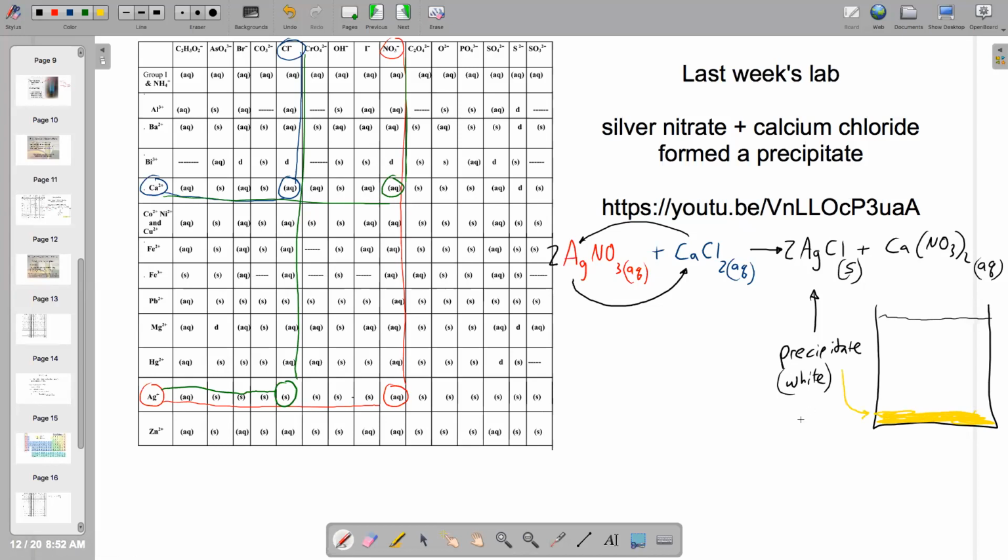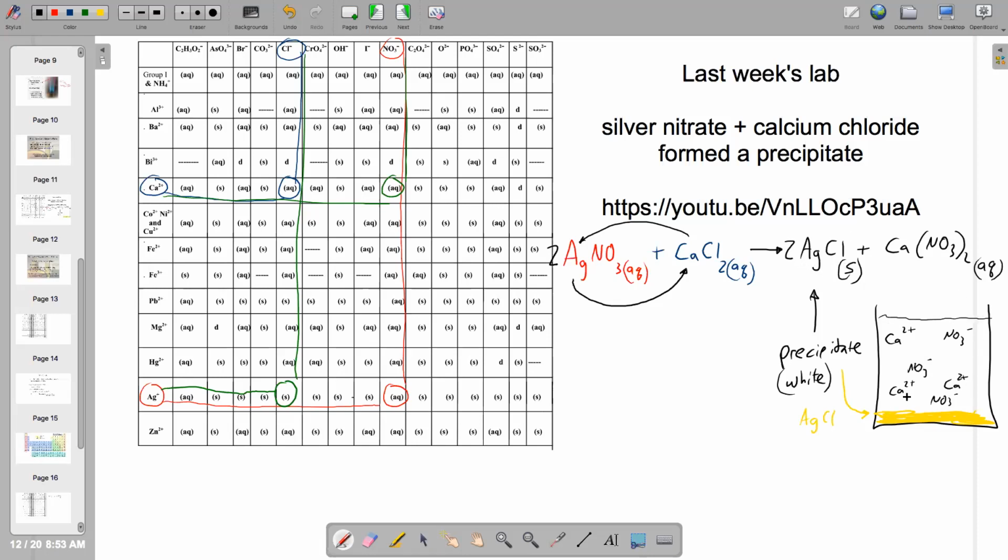There's solid silver chloride sitting at the bottom, but the calcium nitrate, those are still calcium ions and nitrate anions floating around, they're all over the place. It really doesn't matter where I draw them. There are billions of them, just unbelievable numbers of them in that solution.